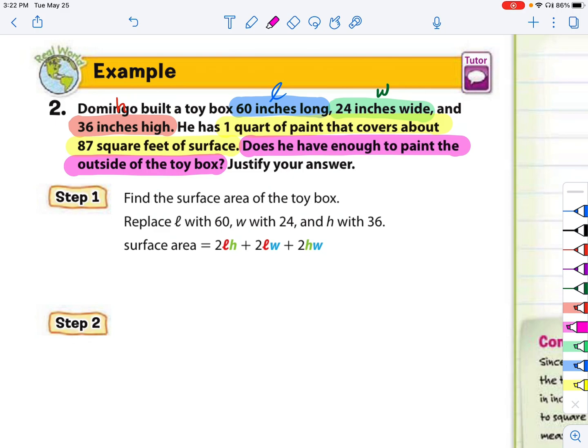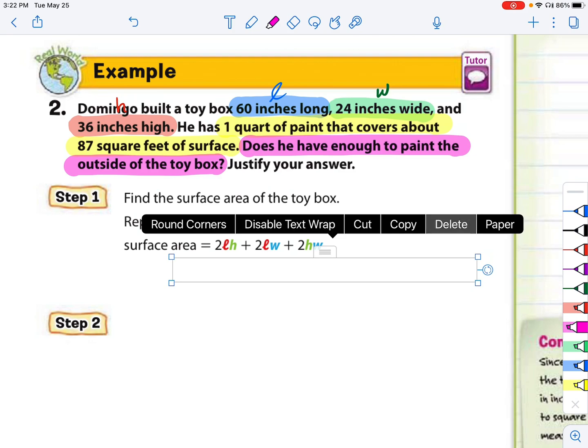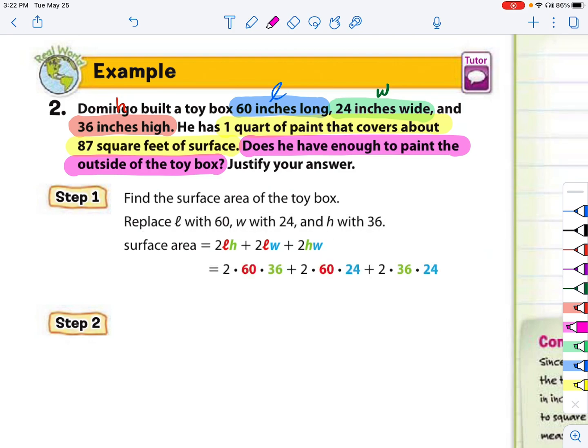Substitute the values for L, H, and W. We have this. And again, we do our order of operations. We multiply these three, and these three before we add them. So after adding all of them, we end up with 8,928 square inches.